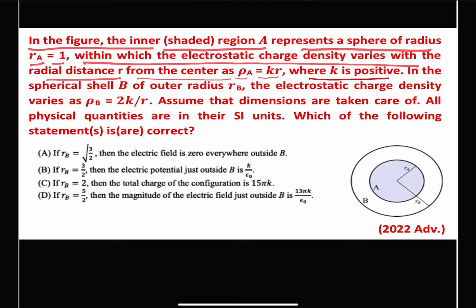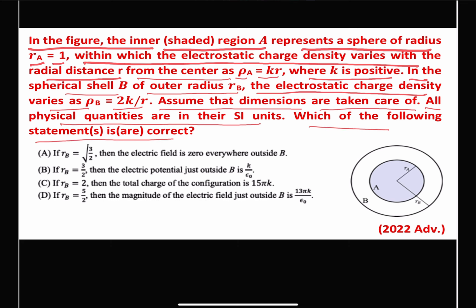In the spherical shell B of outer radius RB, the electrostatic charge density rho B is equal to 2K upon r. Assume that dimensions are taken care of, all physical quantities are in their SI units. Which of the following statements is or are correct?